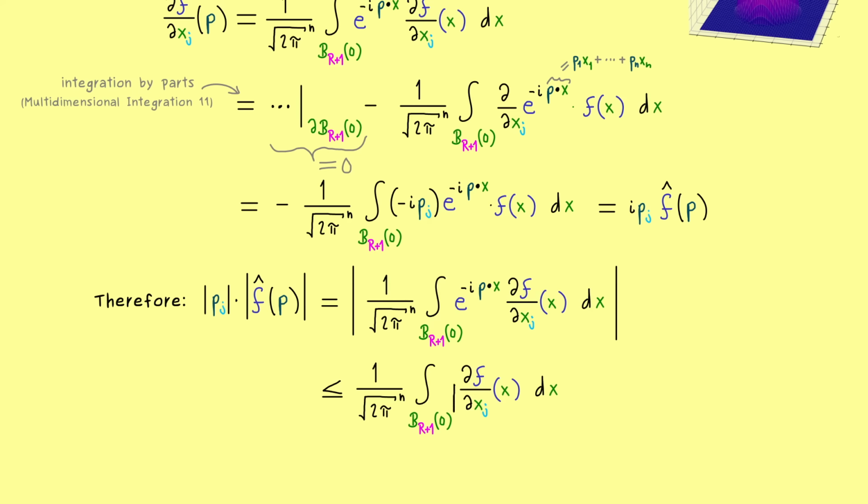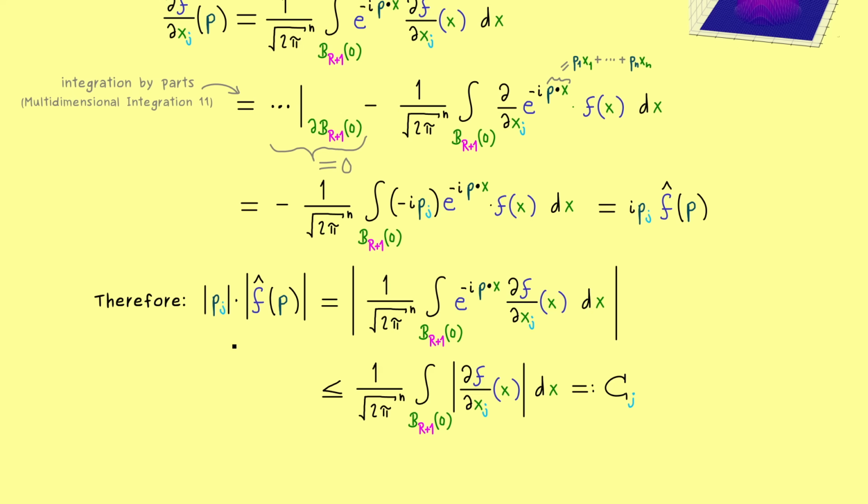So what remains is just the absolute value of the partial derivative of f inside, and there we know the whole integral has a well-defined value. So maybe let's abbreviate this number by C_j. We don't care about the value, it's just important that this number does not depend on p. And at this point you might already recognize what we wanted to prove from the beginning, because if p_j increases more and more, we are still bounded by C_j.